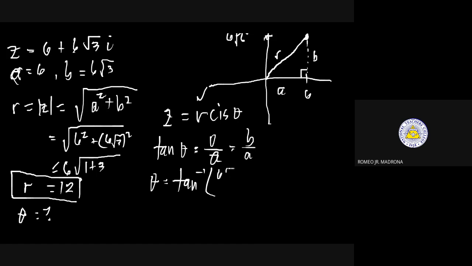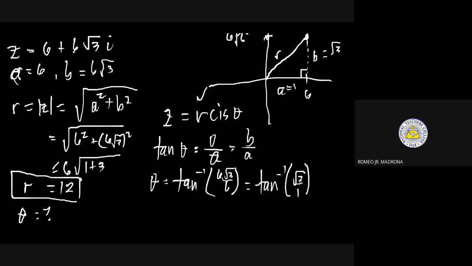6 square root of 3 over 6. This is the inverse tan of square root of 3 over 1, di ba? Okay, so, kung ito ay 1, ito ay square root of 3. Di ba, class, parang ganun yan? Parang unit circle lang palagi.